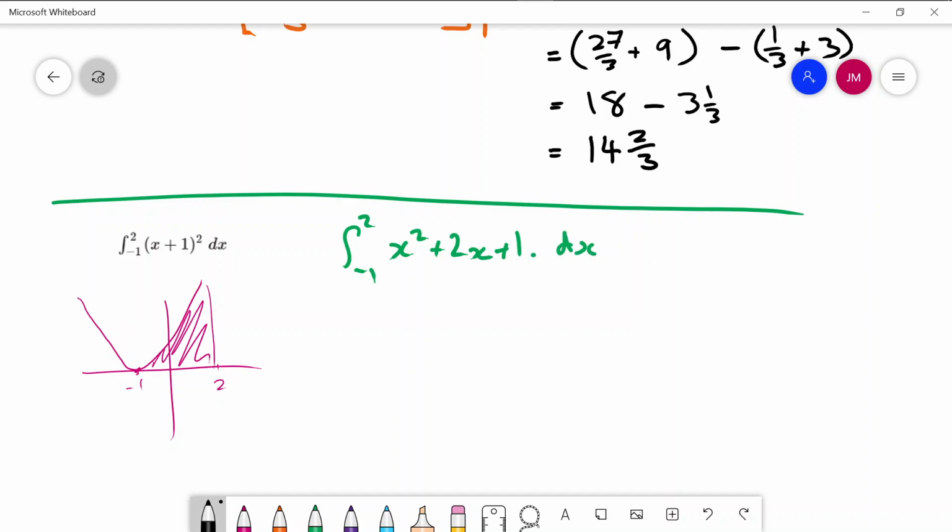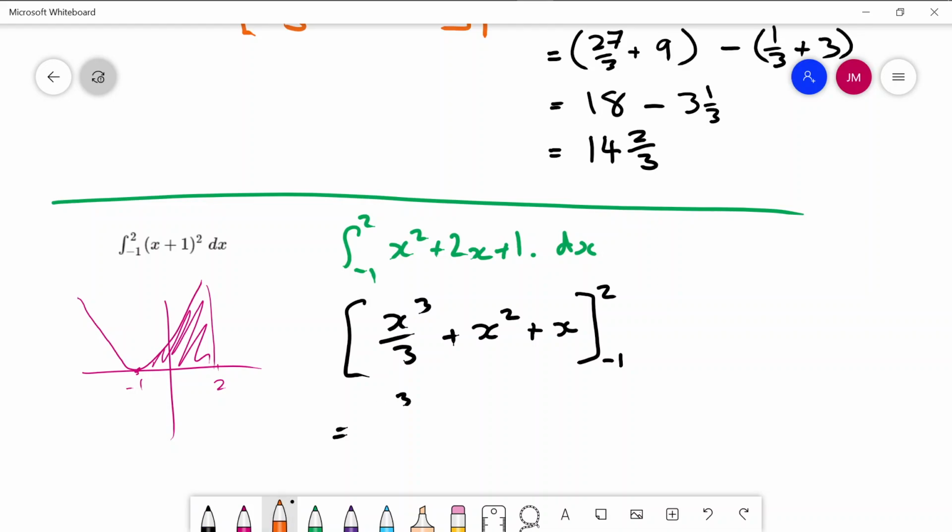So the antiderivative of this would be x cubed on 3 plus x squared. The 2's would cancel off, divide by that new power, plus x. And I'm going to be doing this between negative 1 and 2. So let's sub those in. 2 cubed. I'll do a different color so you can see where they're coming from. That's just our x values.